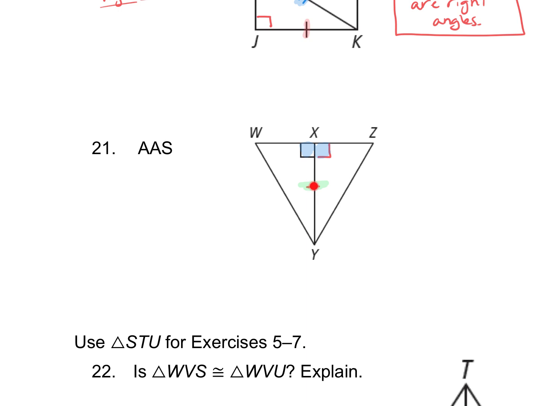That makes this an included side, but it's not an included side, so I don't want this to be the congruent angle. So that leaves us with angle W. So if angle W is congruent to angle Z, now we have two angles, angle, angle, and a non-included side. So we want angle W to be congruent to angle Z.